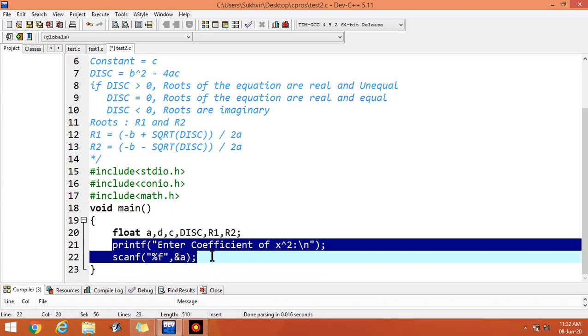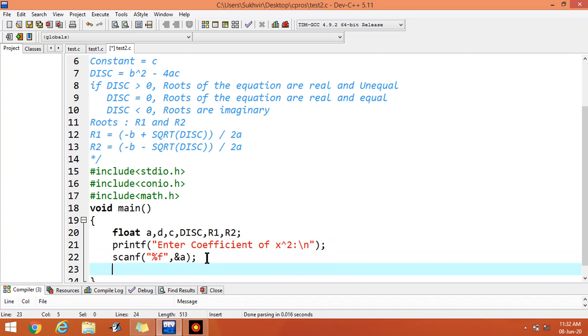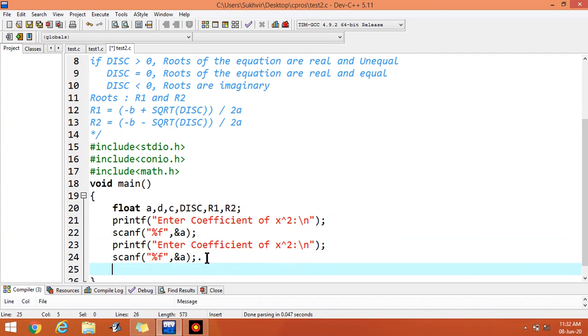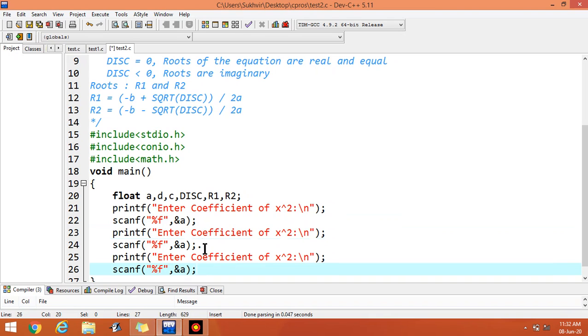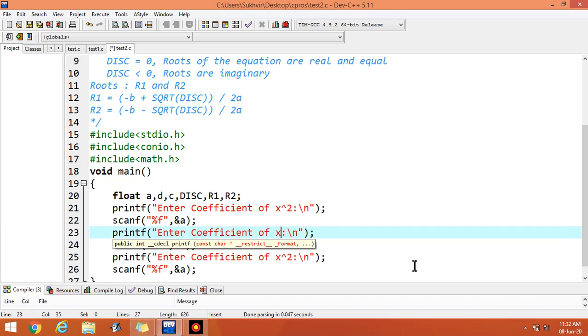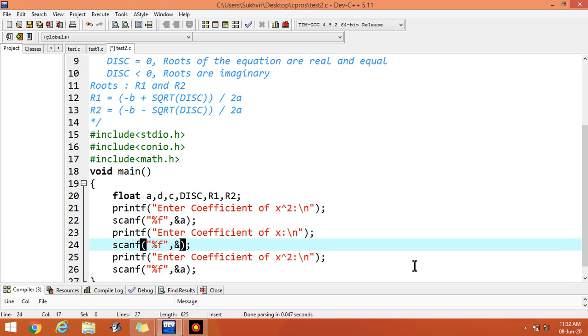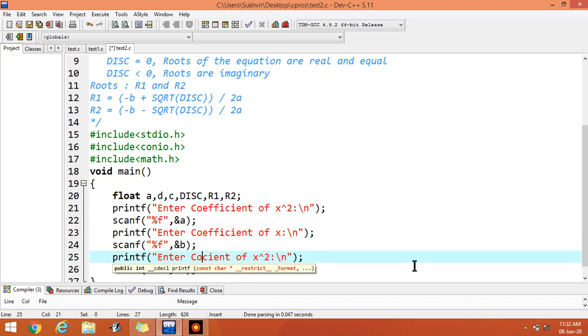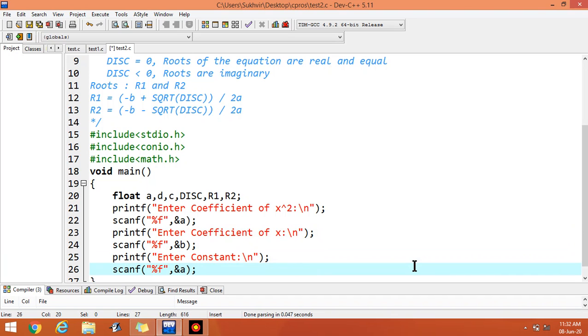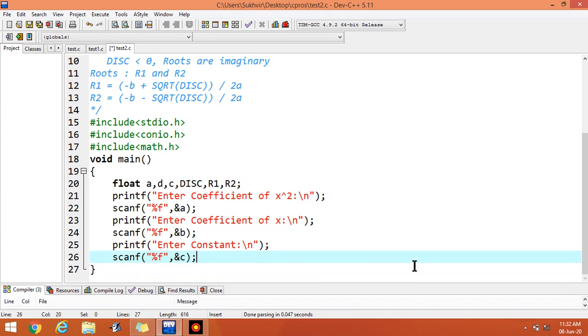Similarly, you can enter the coefficient of x, changing it to b, and then enter the value of the constant, the third value, which you can write as c. These are the three entries required in the first step.